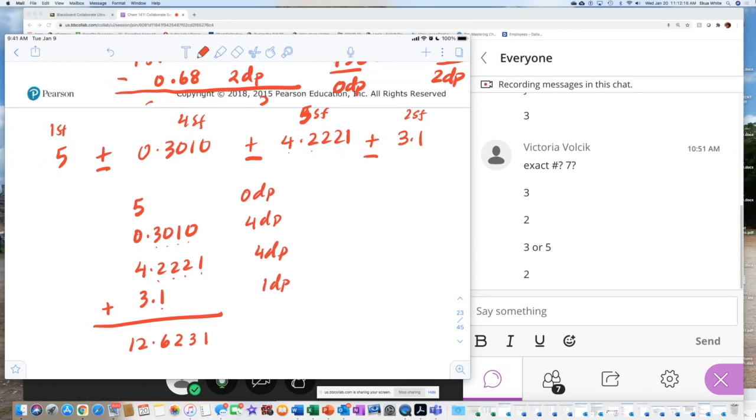So, can you guys tell me what my answer should be based on what I just did? What is the correct answer when you add these 4 numbers? Any takers?